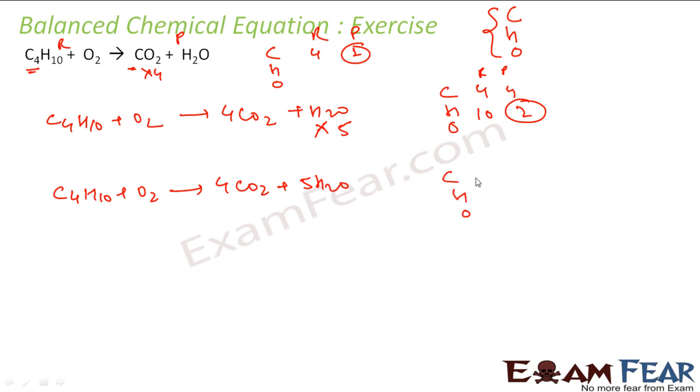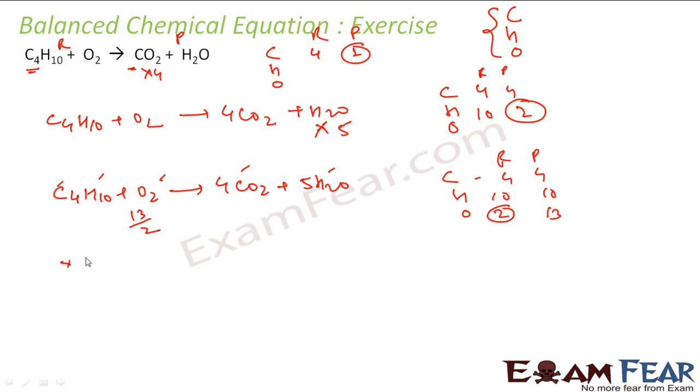Let's again compare. CHO, reactant and product: carbon is 4 and 4, hydrogen is 10 and 10. Oxygen, we have 2 here, and here we have 4 into 2, 8, plus 5, which is 13. So here we have 2, here we have 13. So let's multiply by 13 by 2.